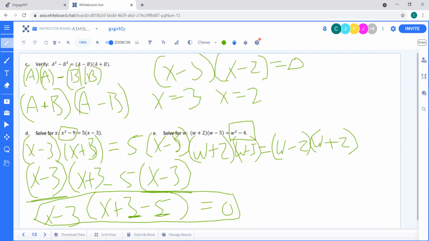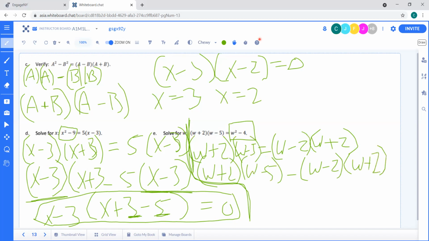Okay, now if I move this to the other side, let me draw a line right here, make sure this is different. W plus 2 times w minus 5 minus w minus 2, w plus 2 equals 0.